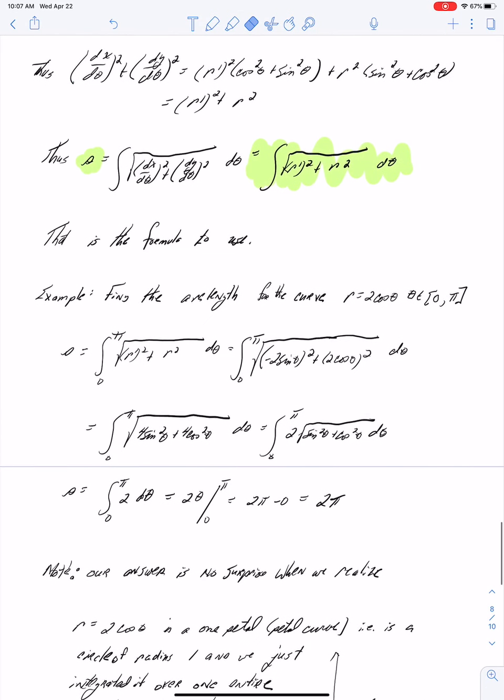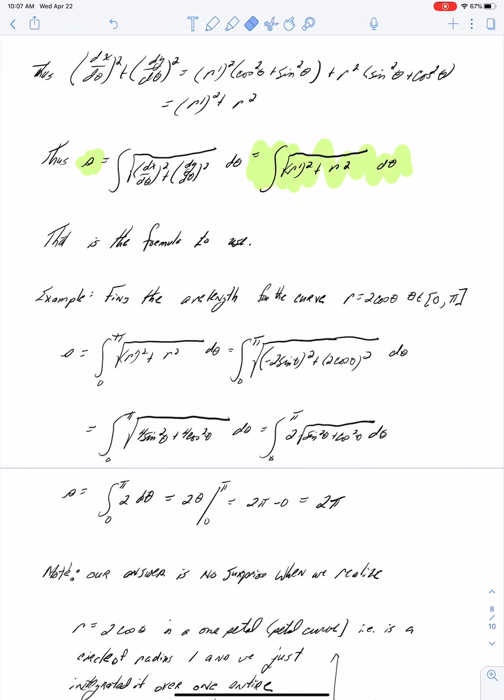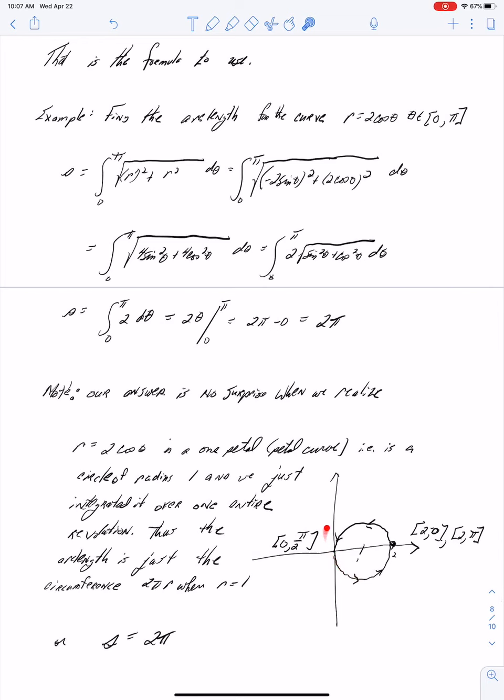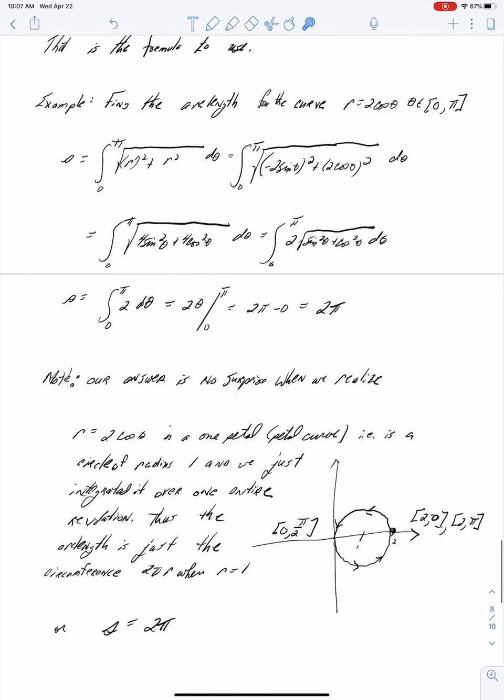All right, I chose to do an example whose arc length we could already compute. How? Well, this is a circle. What's its radius? Well, I can tell you that its diameter is 2. Here's a picture of it down here. The diameter is 2, so the radius is 1. Hence, that's a circle of radius 1.